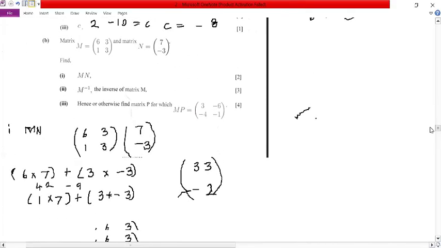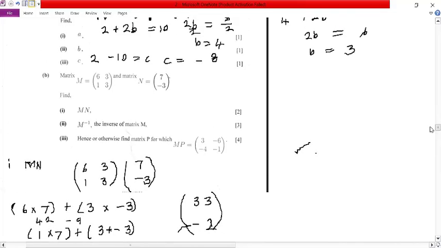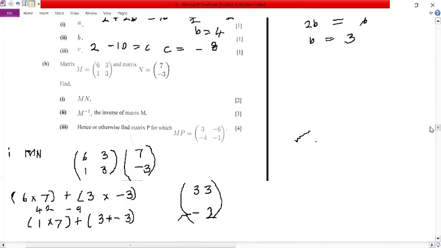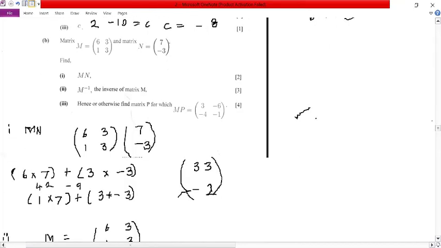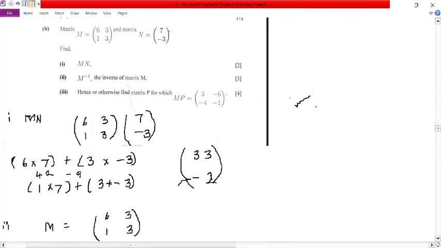Hence or otherwise, find matrix P for which MP is equal to [3, -4, -6, -1]. So here we've been given MP. For us to find P, we have to multiply with the inverse of M like this.